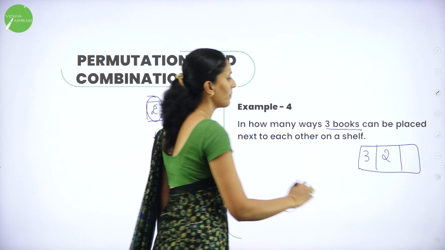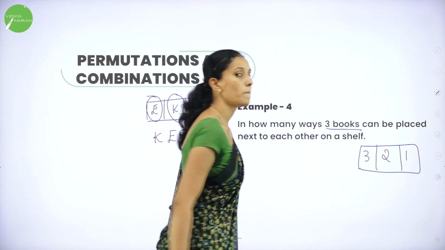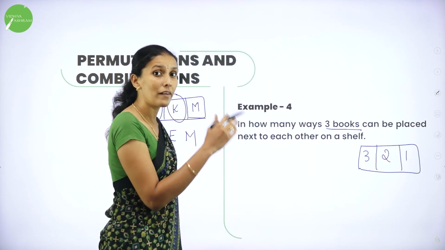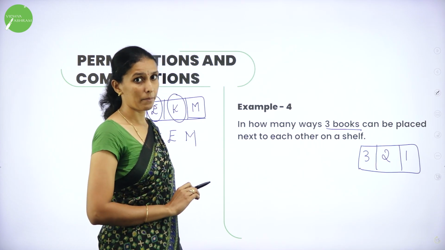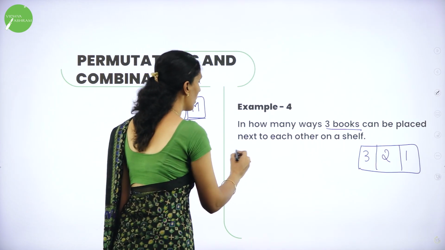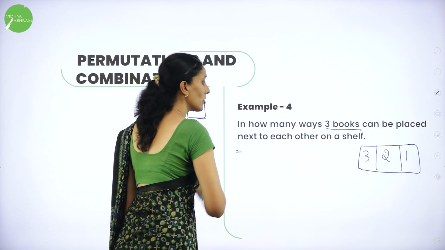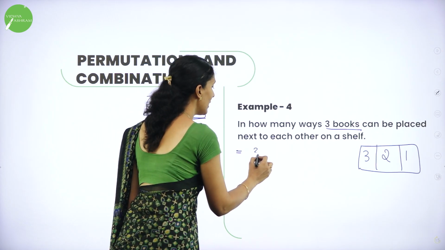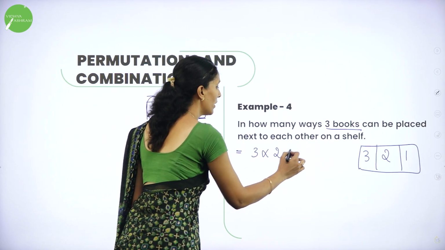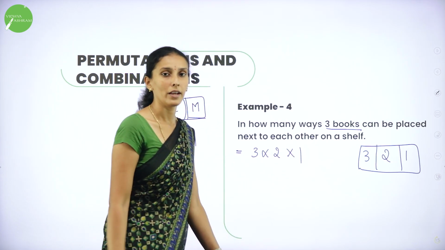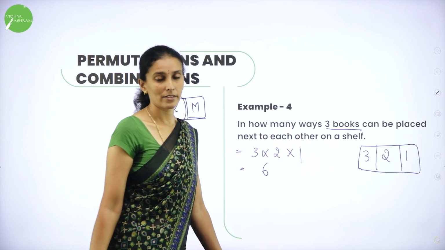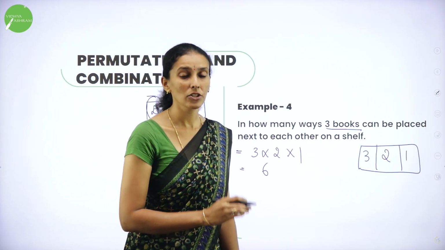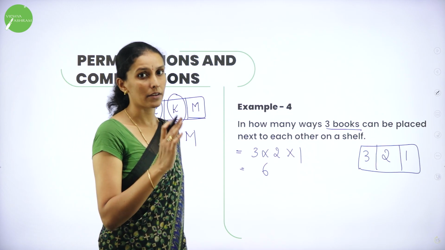And the remaining one is 1. Here I cannot repeat the objects, because the place is already taken by the object. So my total number of permutations here is 3 into 2 into 1. So how many ways? 6 ways. So we can arrange the books on a shelf in 6 ways.